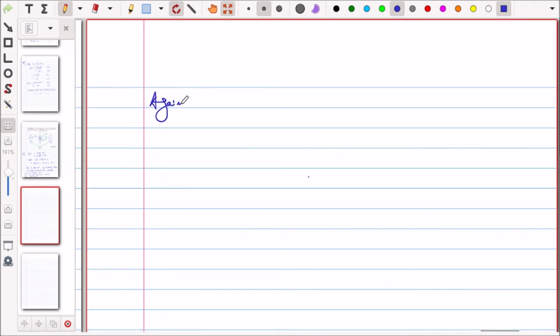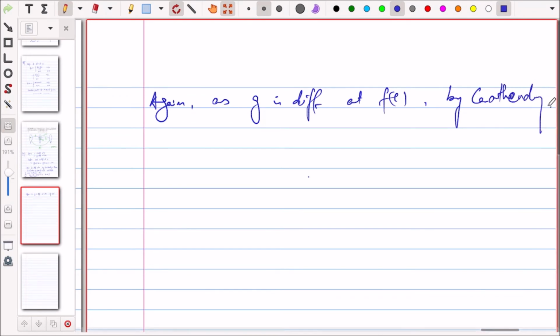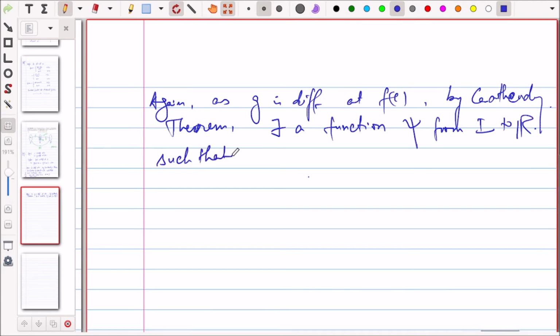Again, as g is differentiable at f(c), by Carathéodory theorem, what will happen now? There exists a function psi from I to R, the domain of g, such that three things will hold.